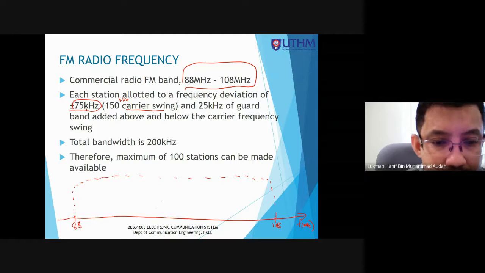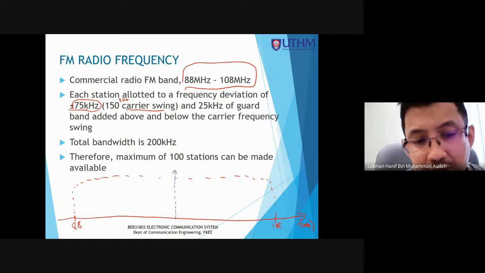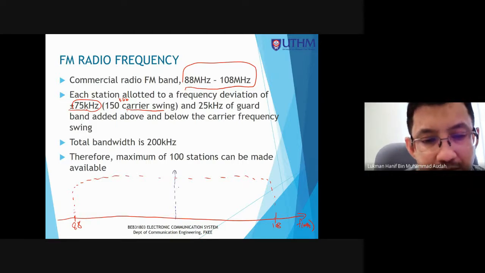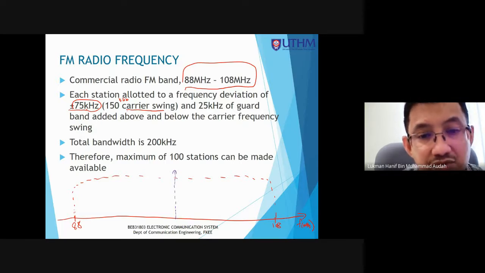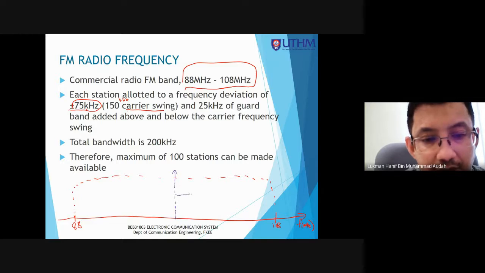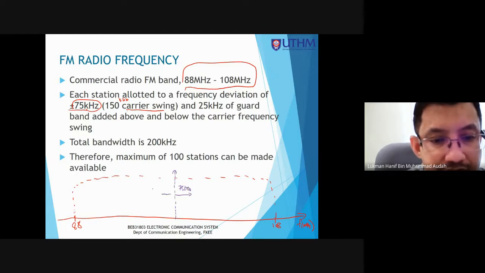Okay. So let's say one radio station. Okay, center over here, and this radio station, by standard, has a frequency deviation of 75K. Okay, this is 75. Okay, another here is 75.